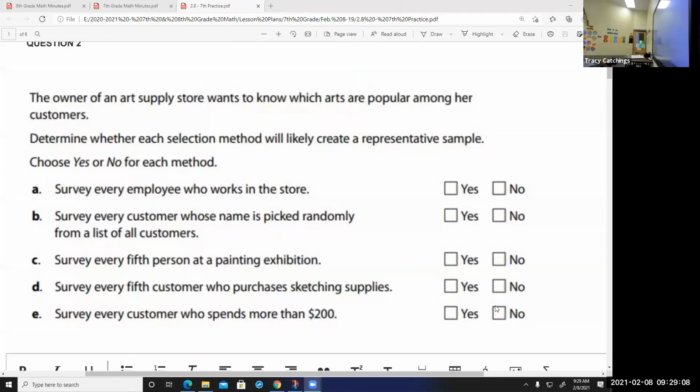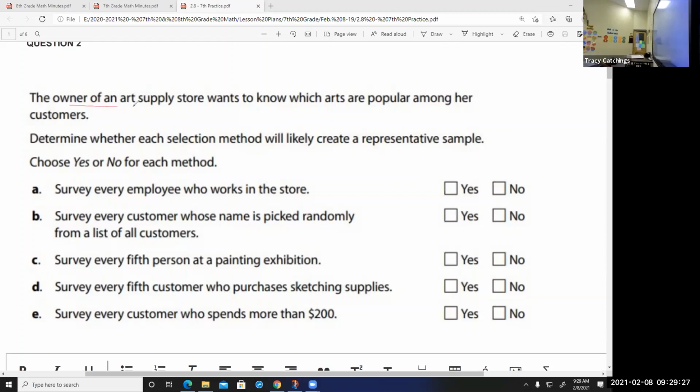All right, someone read number 2 to us. The owner of an art supply store wants to know which arts are popular among her customers. Determine whether each selection method will likely create a representative sample. Choose yes or no for each method.